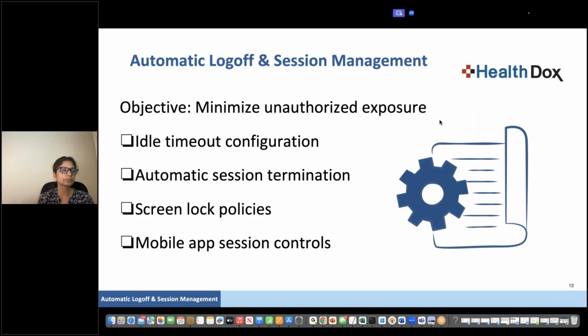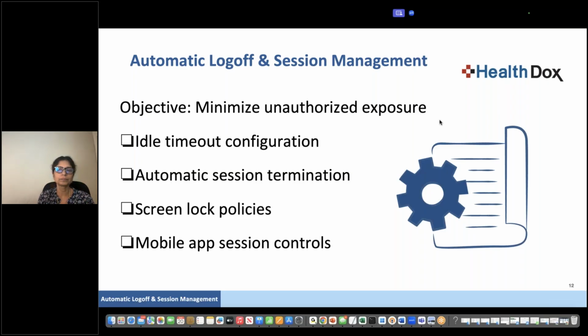When I say technology controls, that is the way an organization is going to use technology to achieve or meet these requirements. That's the small difference between technology safeguards and technology controls.